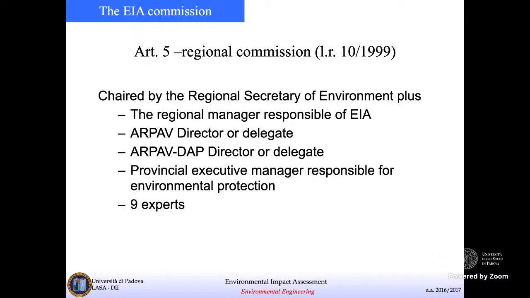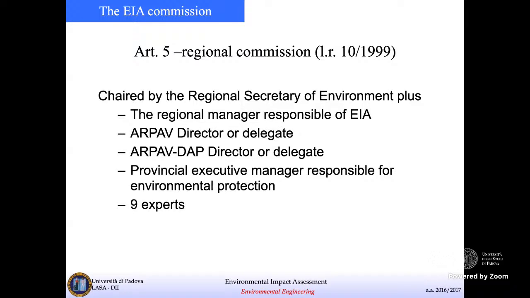Then, if we look at our very specific situation here in the Veneto region, we have regional law number 10, 1999, that institutes the Regional Environmental Impact Assessment Commission, chaired by the regional secretary of environment. It is the regional equivalent of the Ministry of Environment.